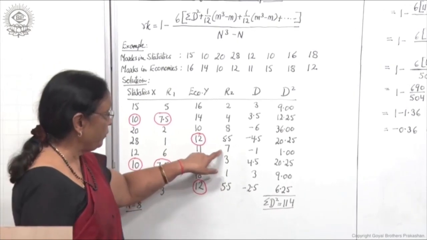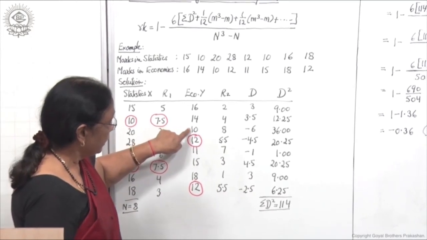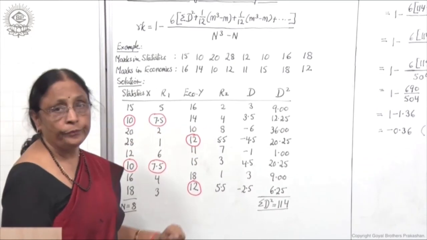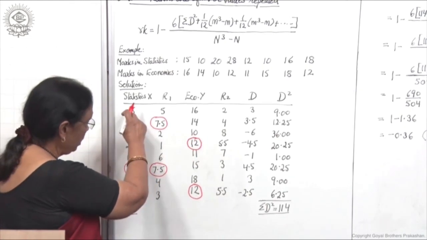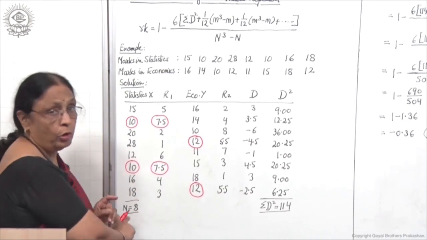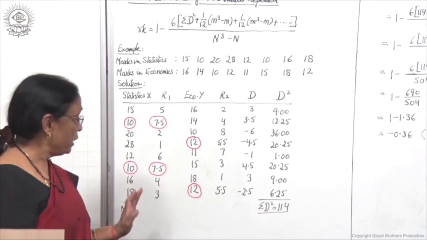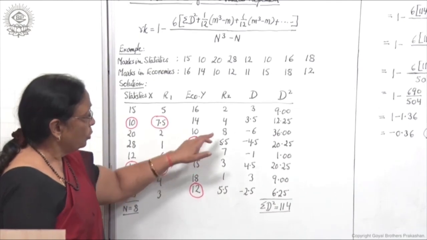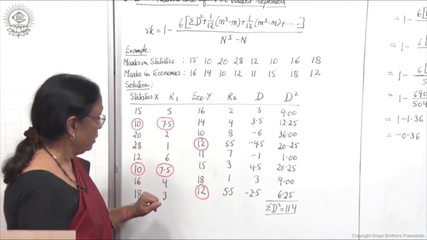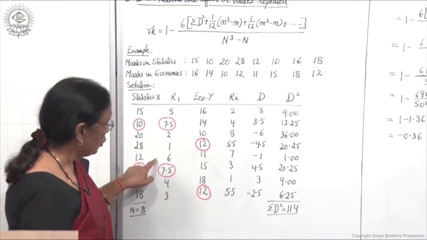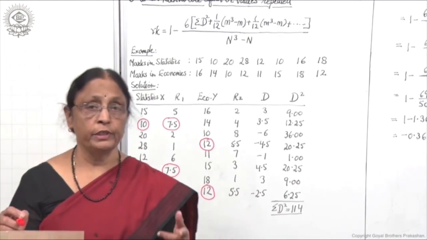So next is 7th, and next mark, these are 10, this is 8. And remember, the last rank you are given should be the total number of observations or total number of items. In this case we have 8, so the last rank should be 8, not more than that here. Okay. Here it is not 8 because 7.5 and 7.5 is there, nobody is getting 8.